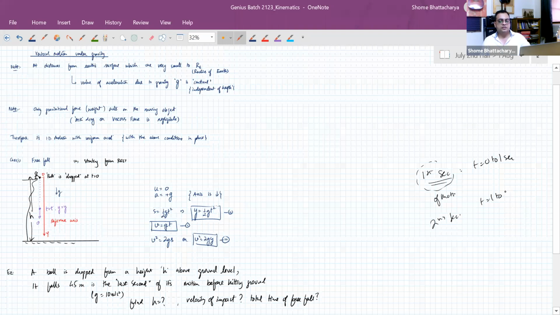Suppose the total motion is lasting for n seconds. Then from t equal to n minus 1 to n seconds, it will be the nth second of motion. The third second will be 2 to 3, then the fourth second will be 3 to 4. Like that, the nth second is from t equal to n minus 1 seconds to t equal to n seconds.